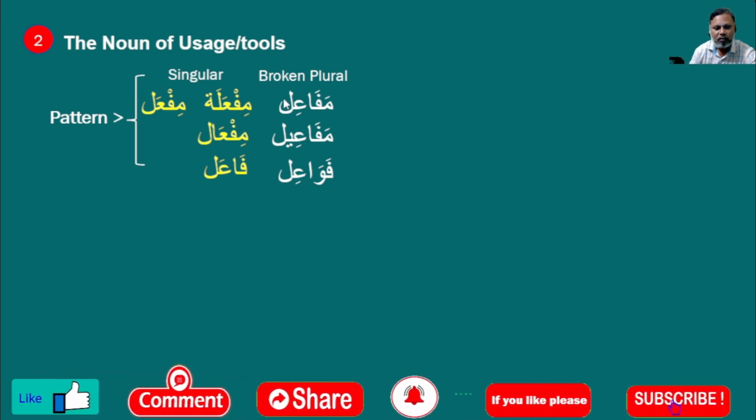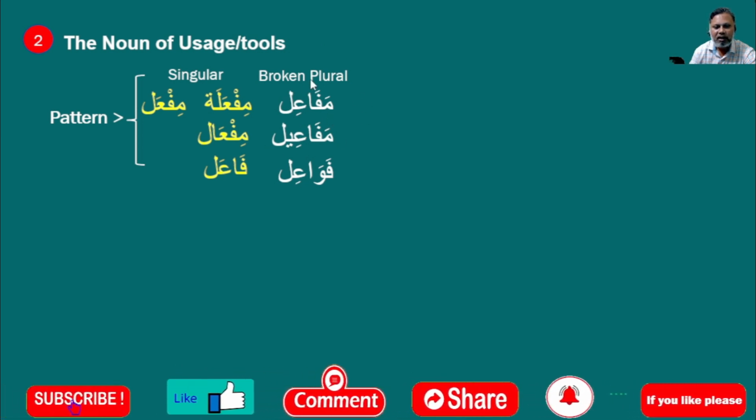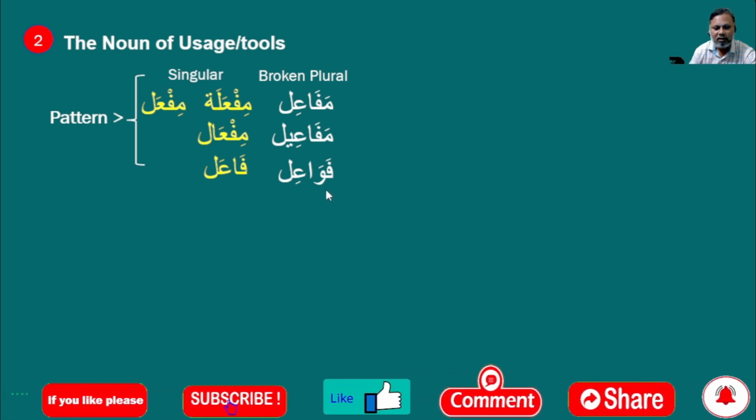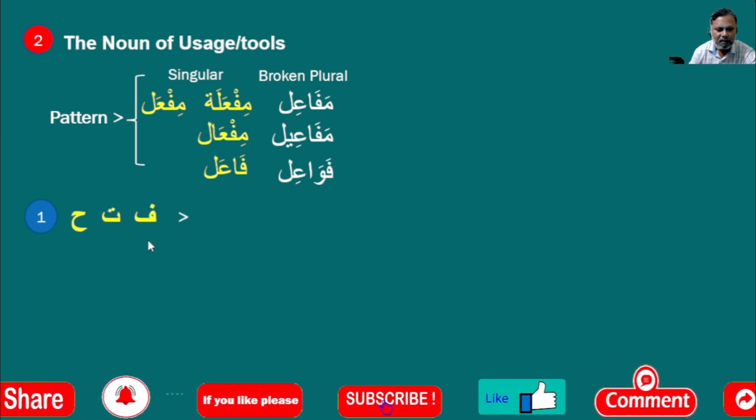And the broken plurals for these patterns are mafa'ilun and fawa'ilun. We will see some examples.